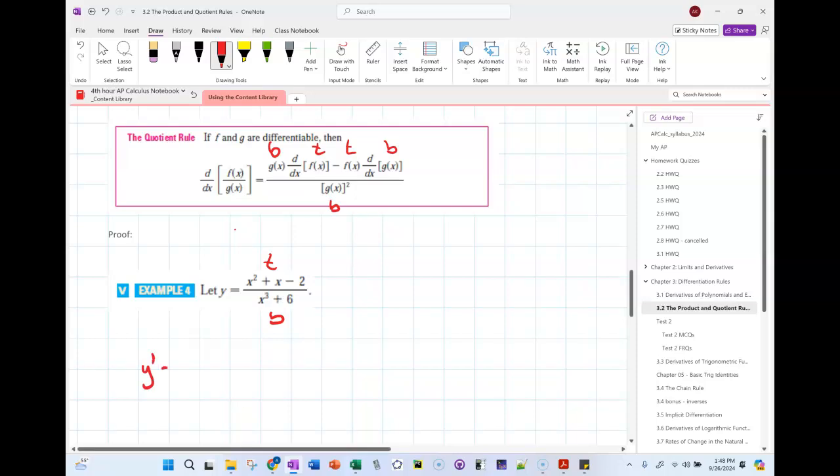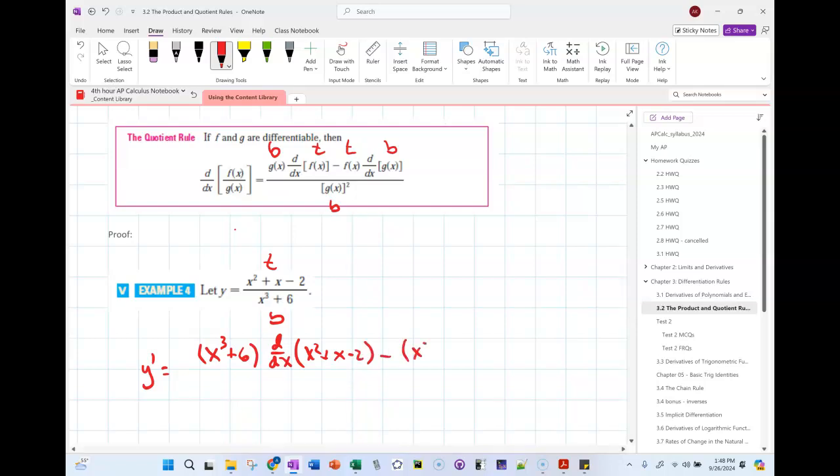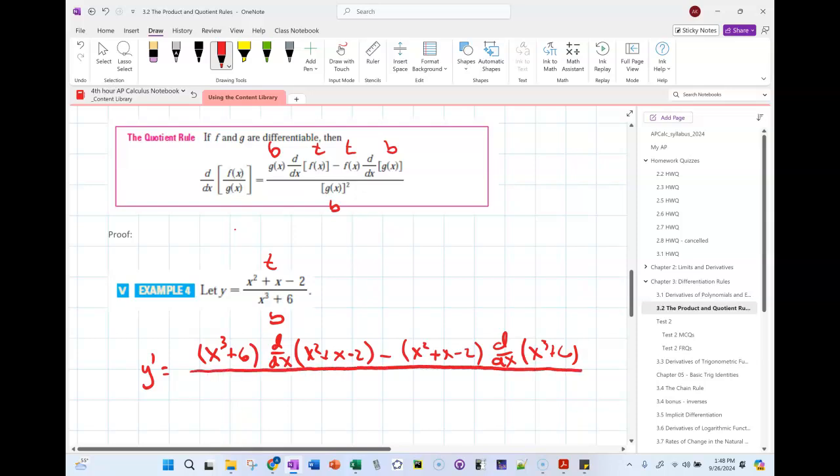So my derivative is going to be bottom times the derivative of the top minus the top times the derivative of the bottom all over the bottom squared.